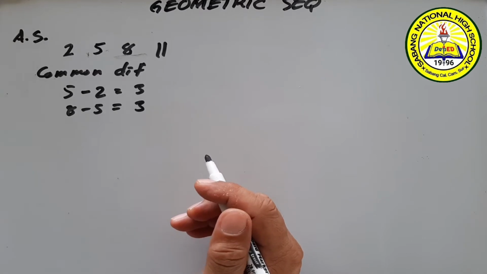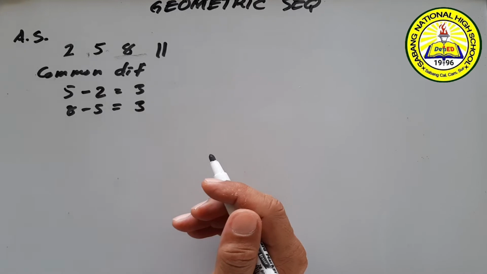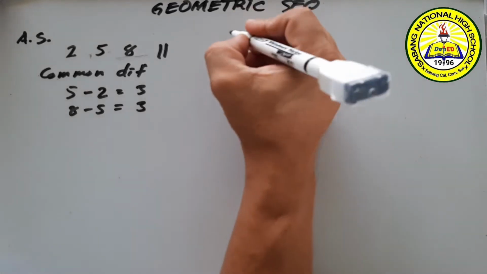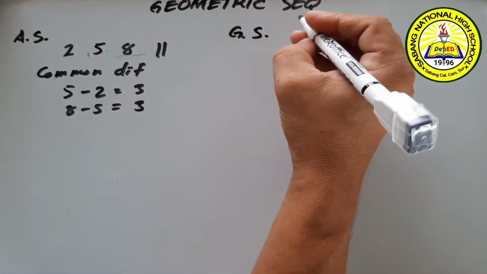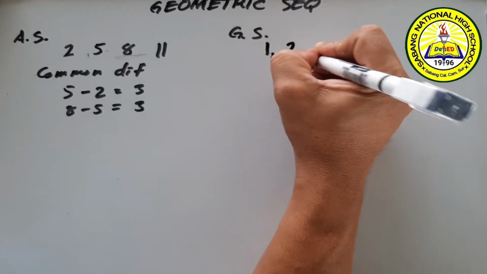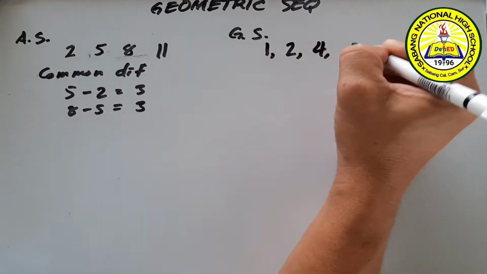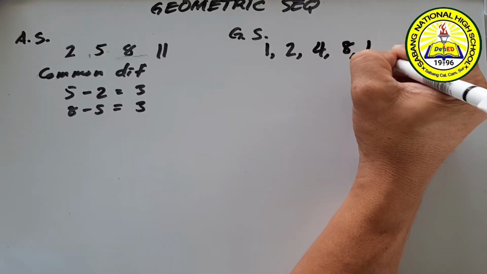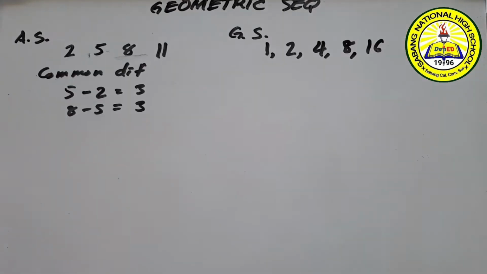What is a geometric sequence? Let me give you an example of a geometric sequence: 1, 2, 4, 8, 16. This is an example of a geometric sequence.